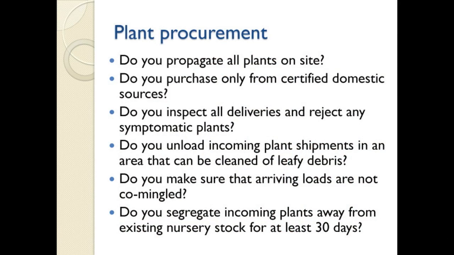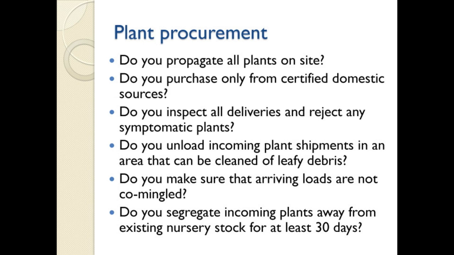So if you propagate all your own plants on site where you are in control and you know those plants are healthy, that's going to go a long way. Or do you purchase from certified domestic sources? If you do import plants from foreign sources, I don't have that listed here, but there is a whole section in this book about how you can do that very carefully to minimize your risk of exposure to pests and pathogens.